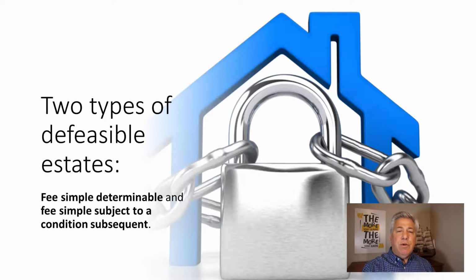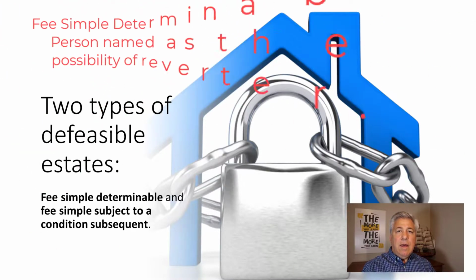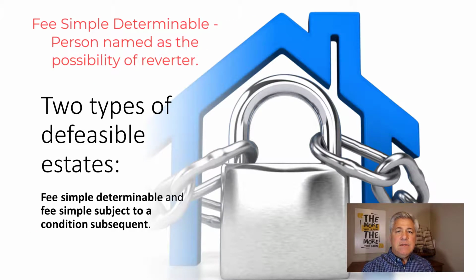Fee simple determinable, there is a person named as the possibility of reverter. Another term to be familiar with under fee simple determinable: possibility of reverter. This is the person that ownership can revert back to if the condition is broken. Now, if the possibility of reverter passes away, they're going to will that interest to somebody else.